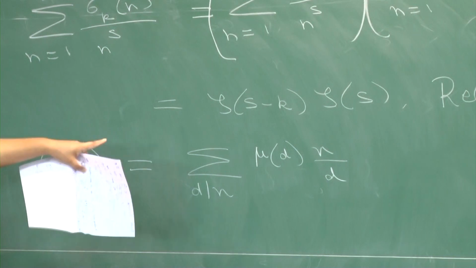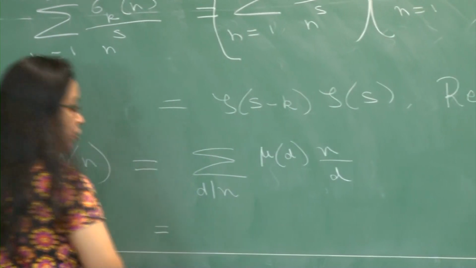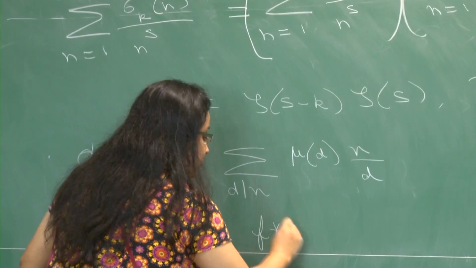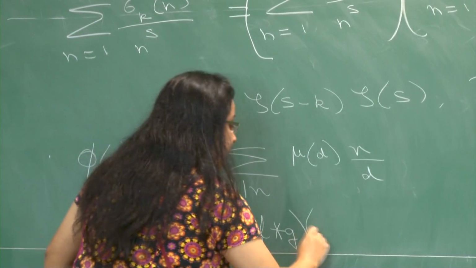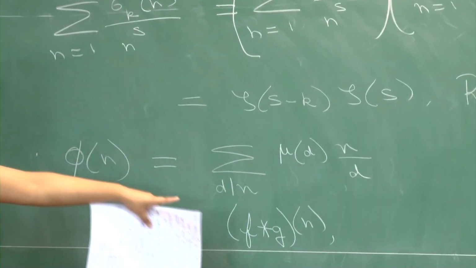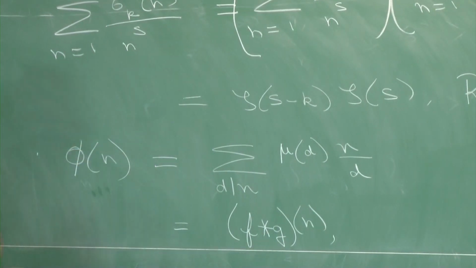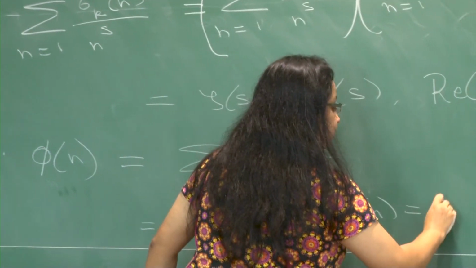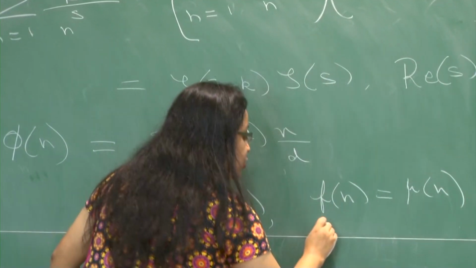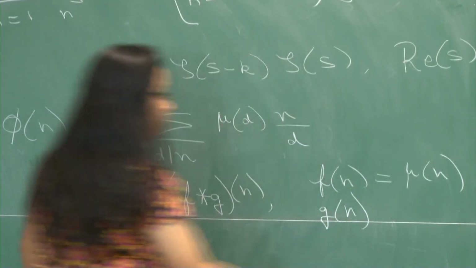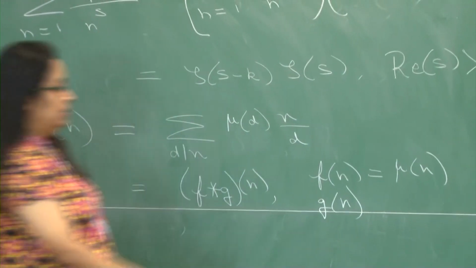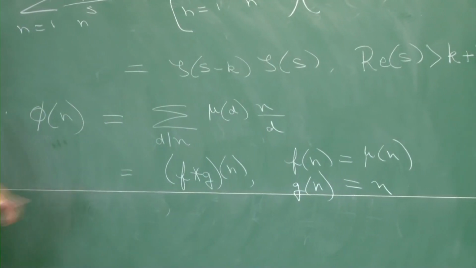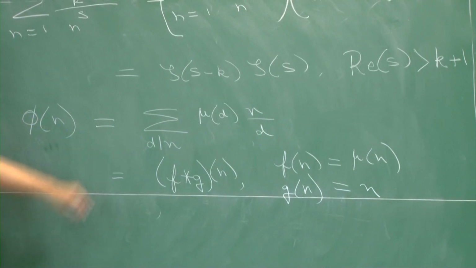And therefore, what is this? This is just a Dirichlet convolution f star g at n, where your f is just your Mobius function and g, what is g? It is just n itself, right. I think this identity is clear, right.